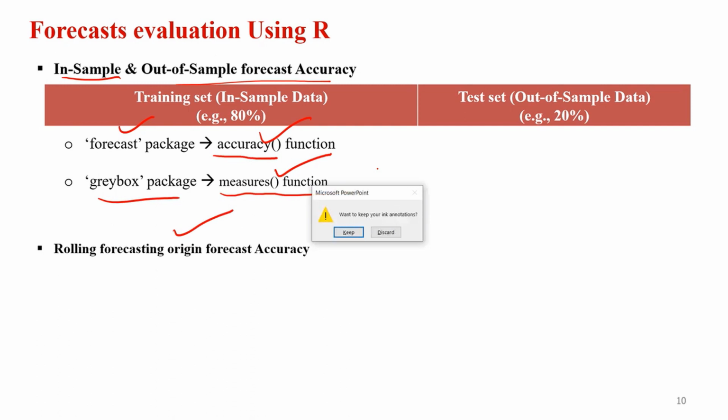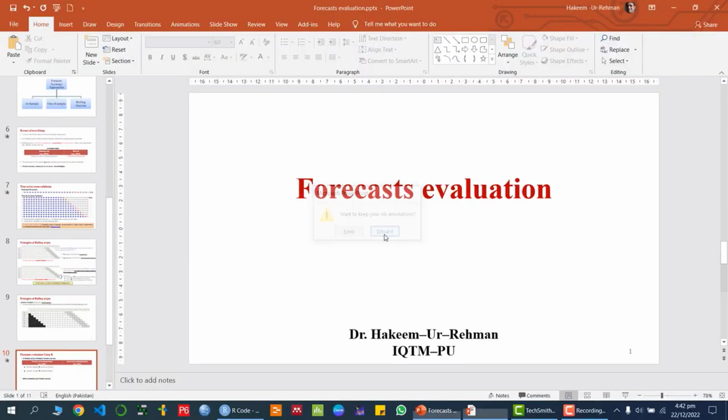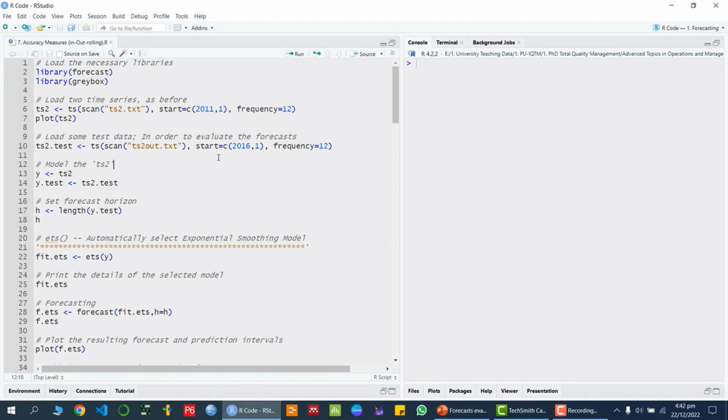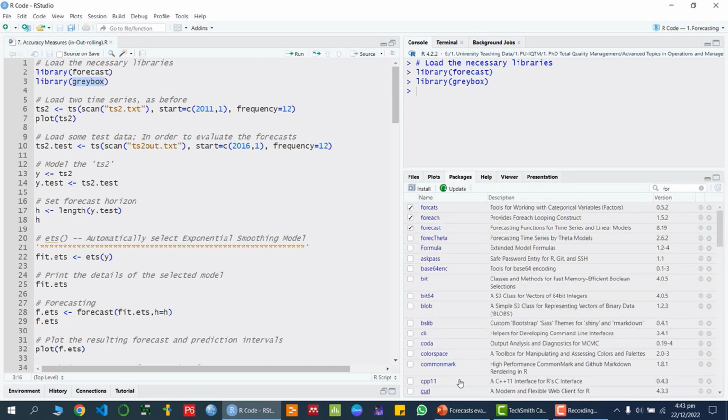But of course, before calculating the in-sample and out-of-sample forecast errors as well as the rolling horizon, we need to fit the forecasting model. So for that, first of all, I am calling these two libraries, forecast and gray box. First of all, you have to install them.